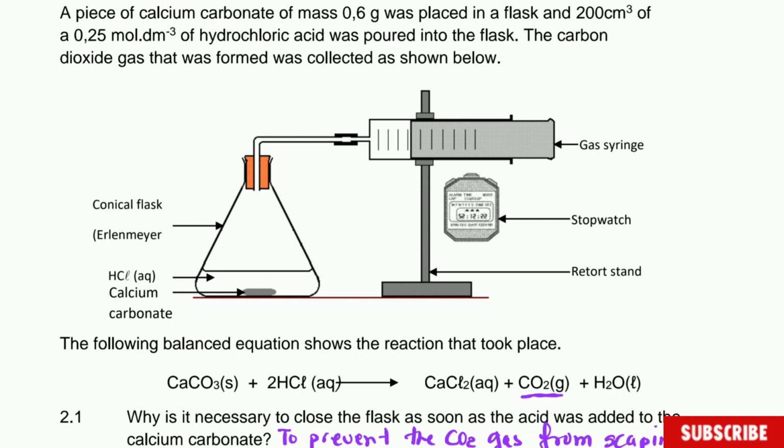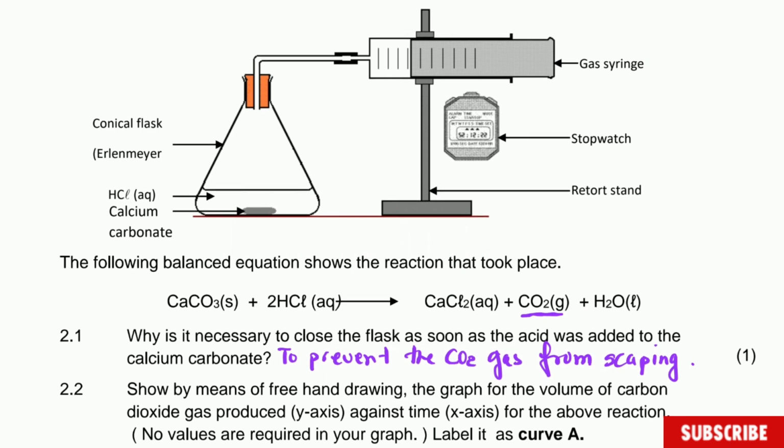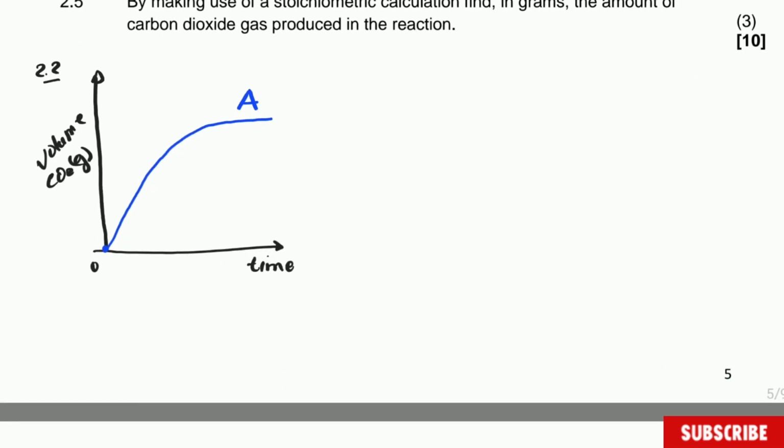So how can we increase the rate at which the gas is formed? First of all, we can use hydrochloric acid with a higher concentration. That is the first option here. Let's write them on this side. So the first one would be increasing the concentration of hydrochloric acid.